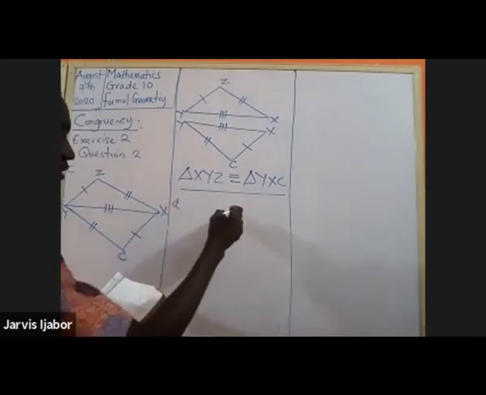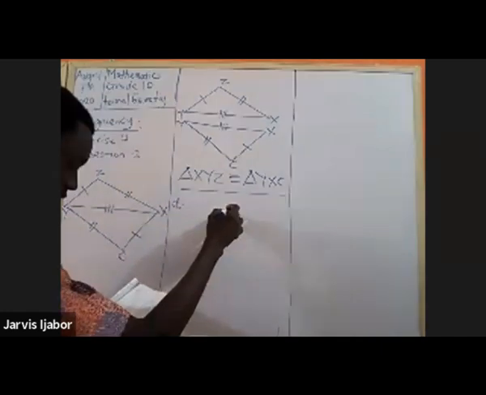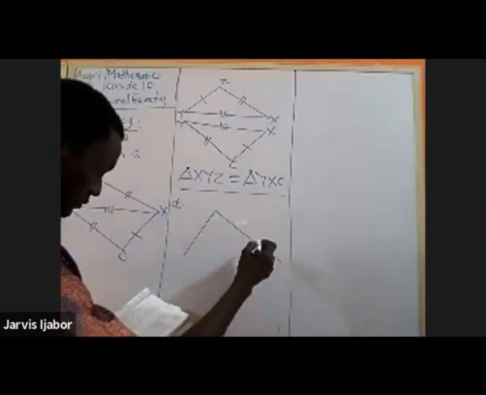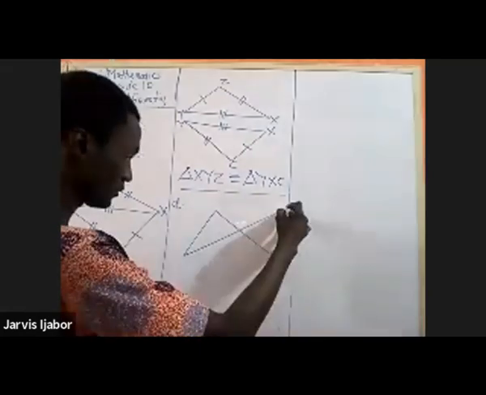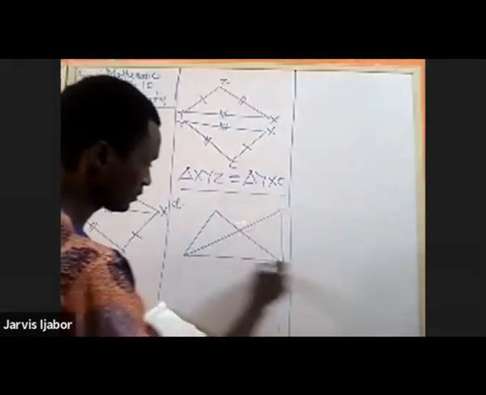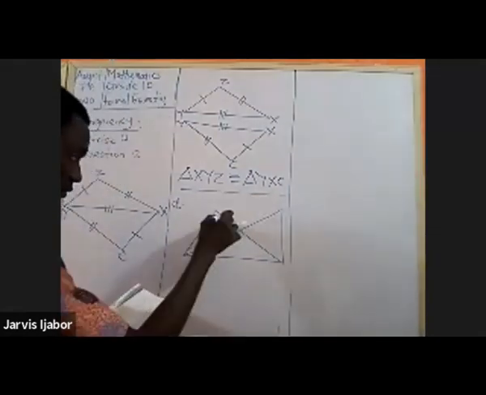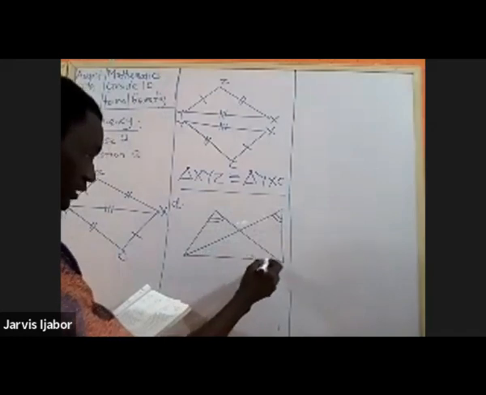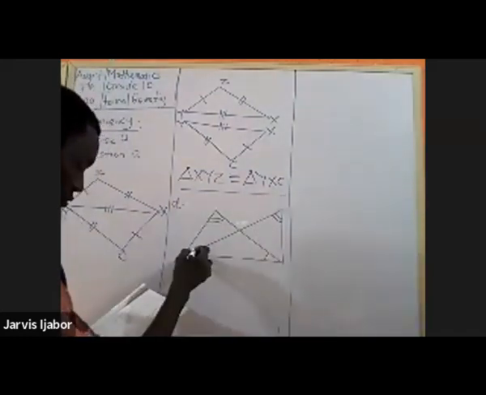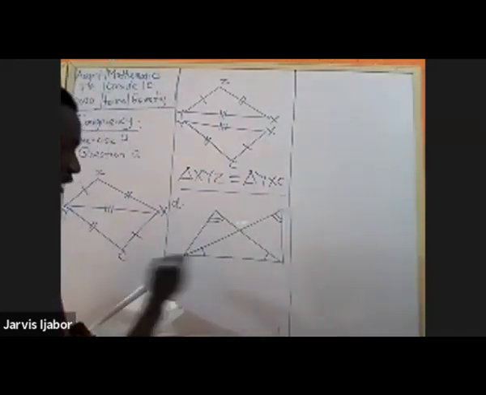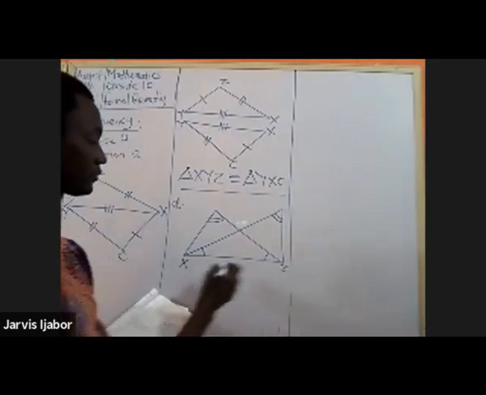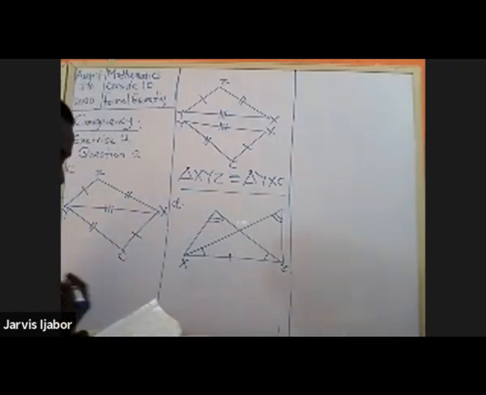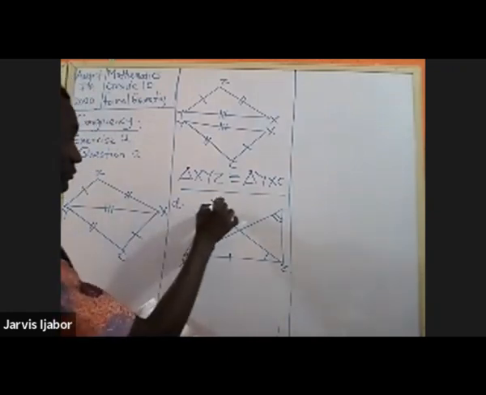In D, you have this. This angle is equal to this angle. This angle is equal to this angle. But there's a common angle here, or a common side. That's the common side for this diagram.